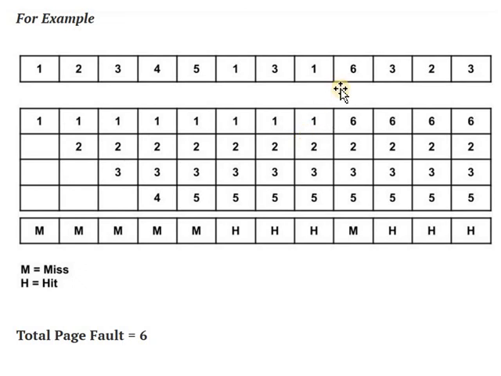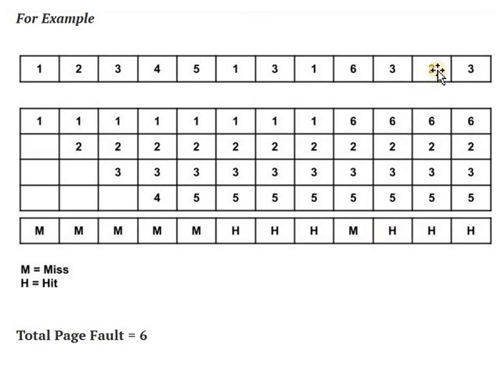Then whenever 6 comes, it is not available in the memory, so a page fault occurs and it replaces 1, because 3, 2, 3 are used in the future. So 1 is not used in the future, and therefore 1 is replaced. When 3 comes, it checks inside the memory. 3 is present, so a hit occurs and no page replacement.